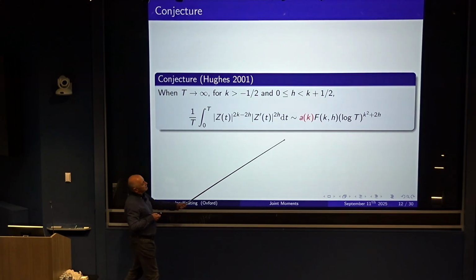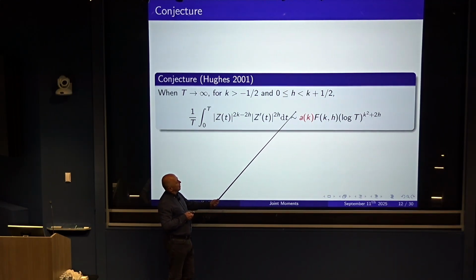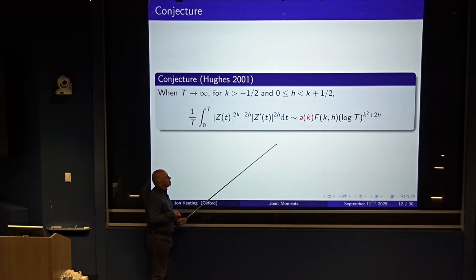So if you can do this random matrix calculation and compute f, you can immediately plug that in. You have the Euler product that appeared for the moments themselves, so that Euler product appears in both the moments and the joint moments.